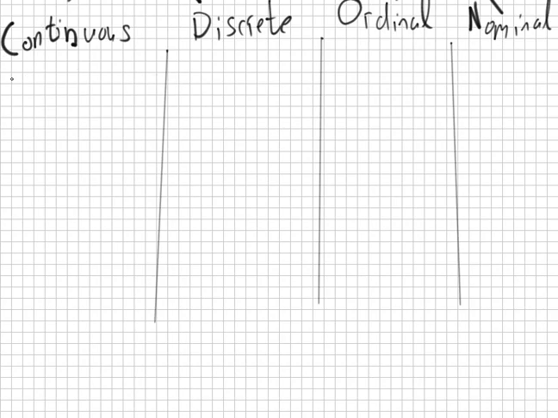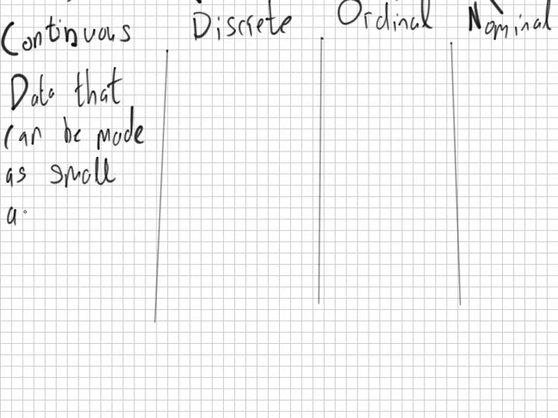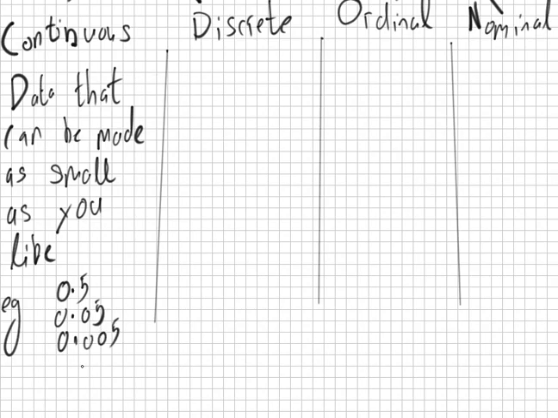So this is data that can be made as small as you like, e.g. 0.5, 0.05, 0.005, etc. Small but not as big.